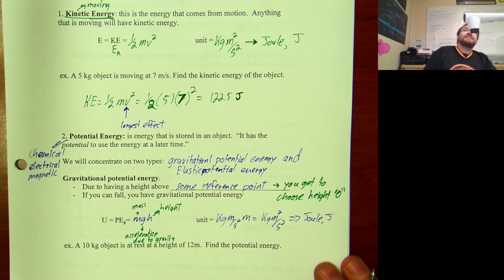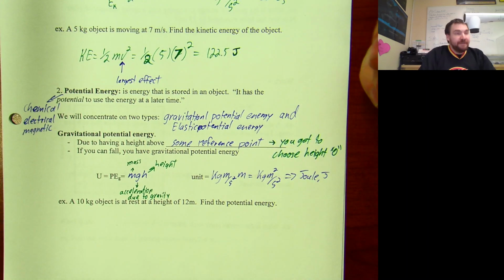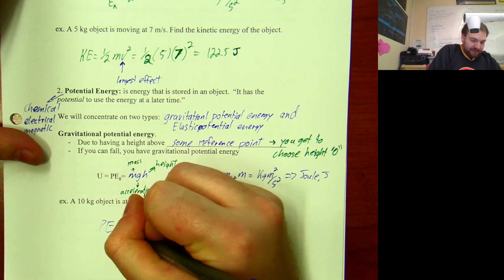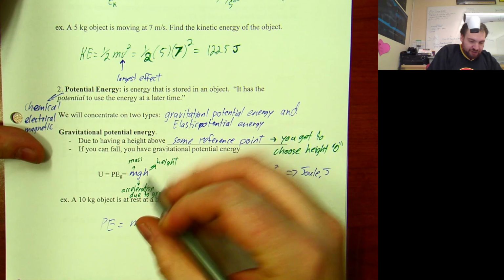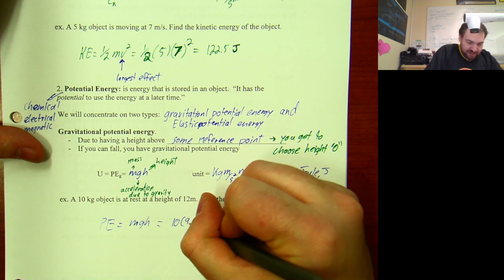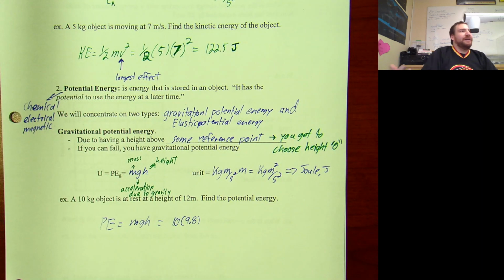So, for example, a 10 kilogram object at rest at a height of 12 meters, what is the potential energy in that object? Well, potential energy is going to equal mgh. So our mass we know is 10. Little g is 9.8 because we're going to assume we're at or near the surface of Earth unless otherwise specified.